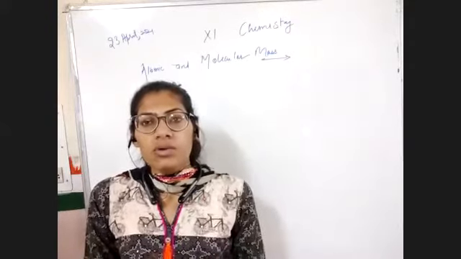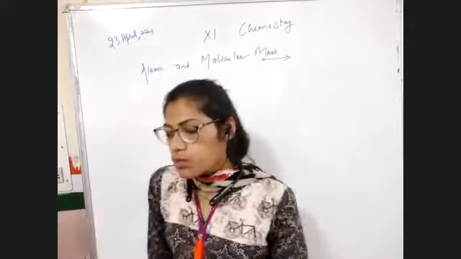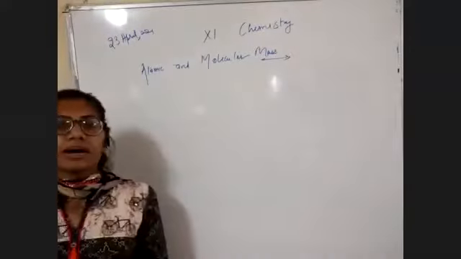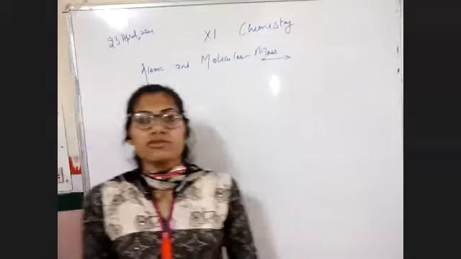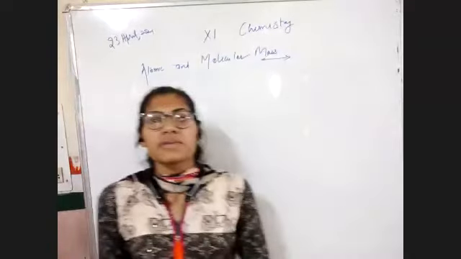Now in this class, we will start with our new topic, that is atomic and molecular mass. Let's start with what atomic and molecular mass actually is. In the last class, we discussed that all matter is made up of atoms and molecules. You have also studied this in the 10th or 9th class.